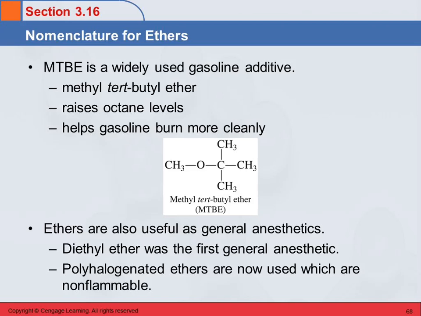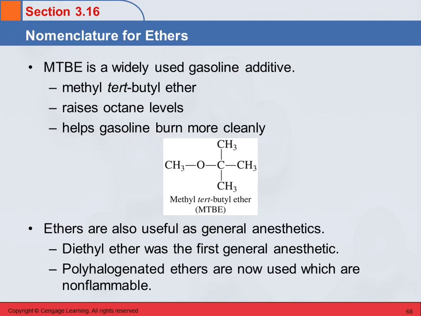Before diethyl ether, there was no anesthetic for surgery or dental work or anything, and they're going to take your appendix out and they'd maybe get you a bit drunk, and that's about all they could do for you, and it hurt like hell, I'm sure. So discovering an anesthetic that would knock you out without killing you was a tremendous thing. It was awesome. So diethyl ether was the first general anesthetic, and it was used for quite a while.